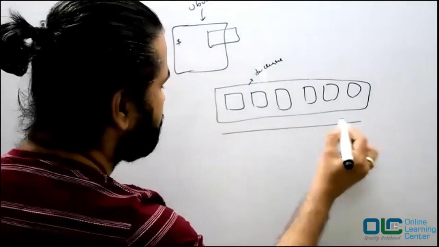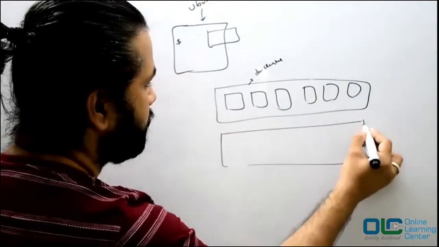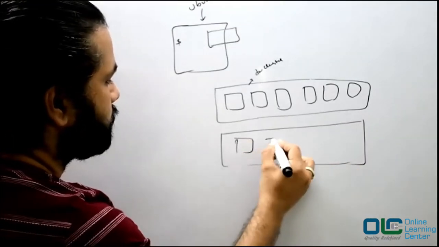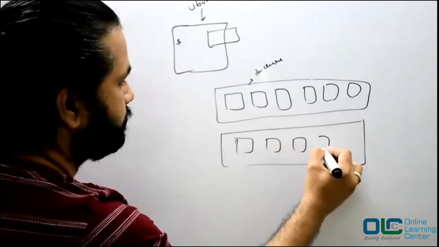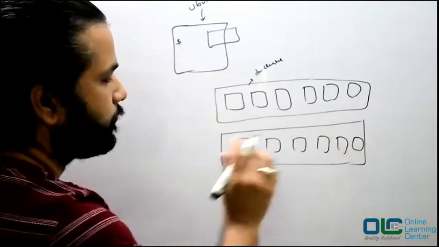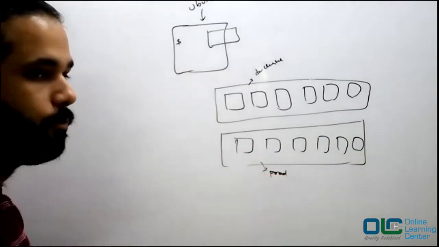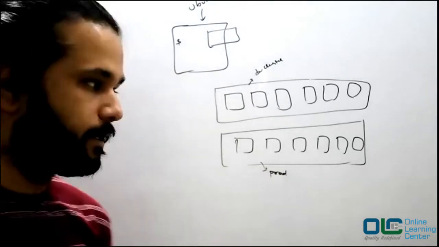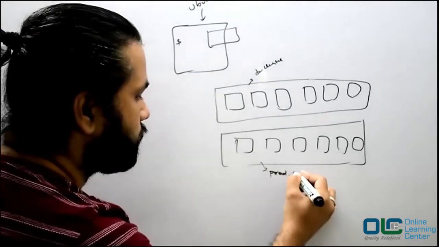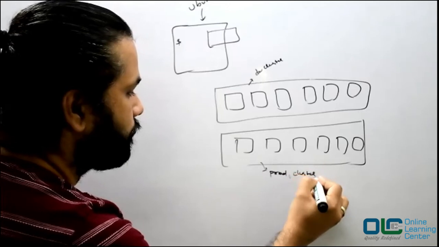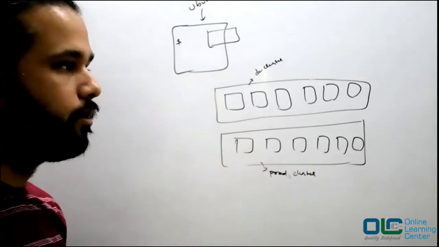Similarly you will have other clusters as well, and let's say this is your prod cluster. And then you can have multiple prod clusters as well. I can say this is a prod 1 cluster, prod 2 cluster, and so on.